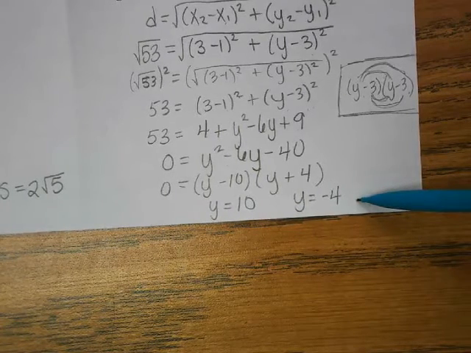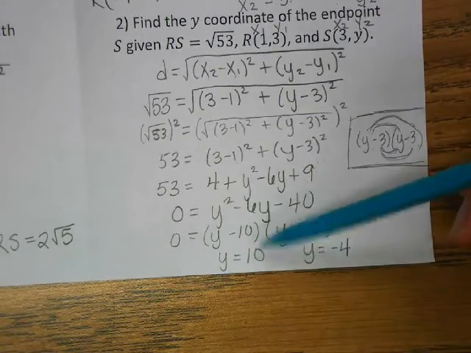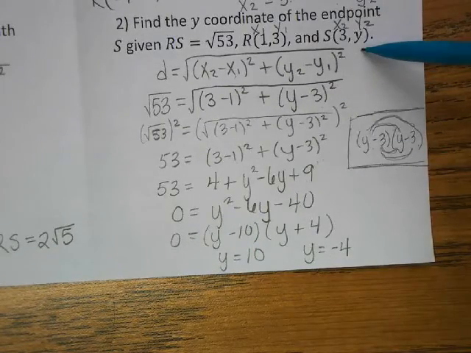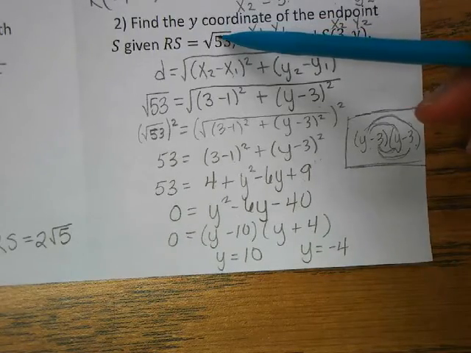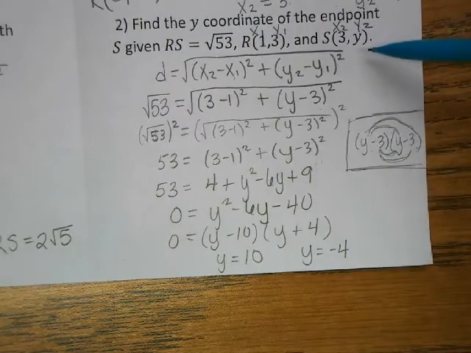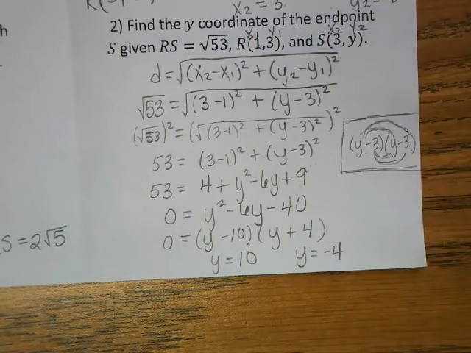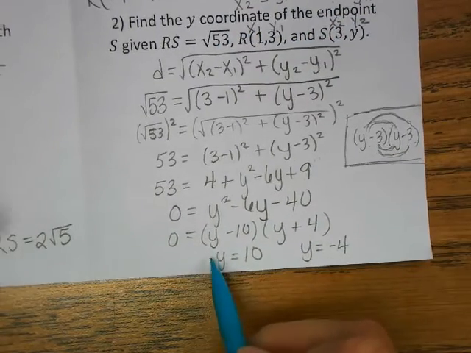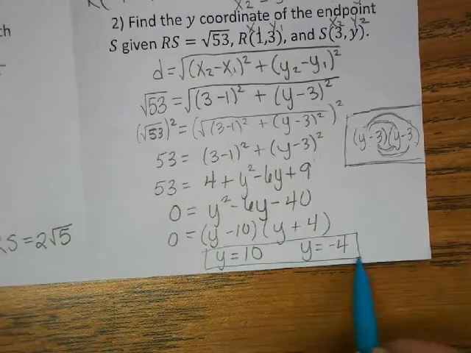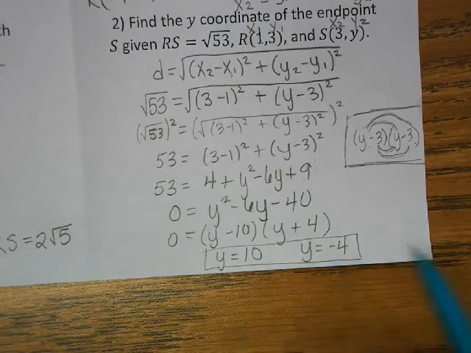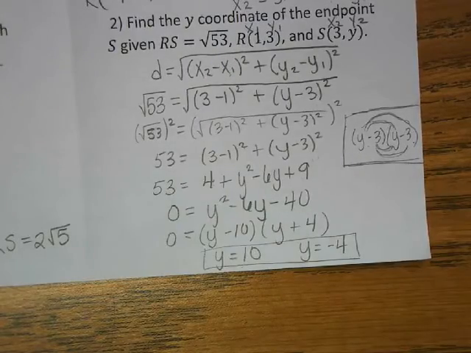And so this problem has 2 answers. So if y is 10, you'll get that the distance is the square root of 53. And if y is negative 4, you'll get that the distance is the square root of 53. So this problem has 2 answers. Those are the values of y that would give you a distance of the square root of 53.